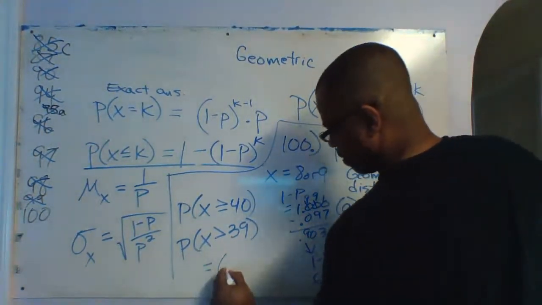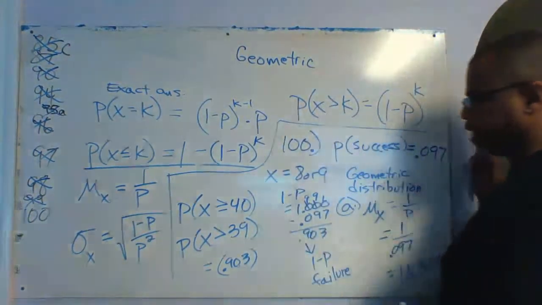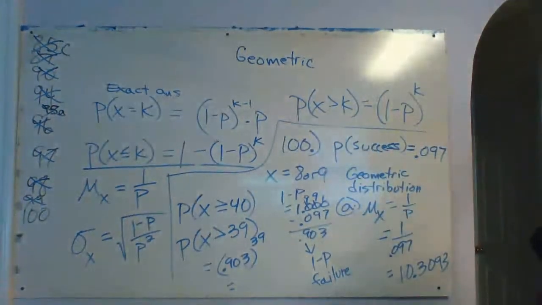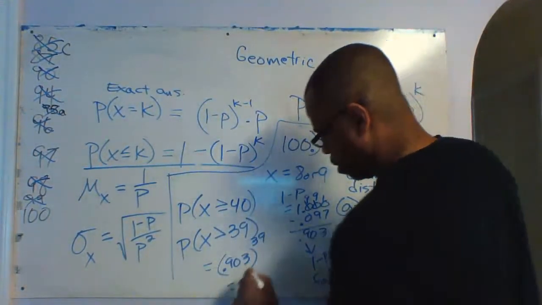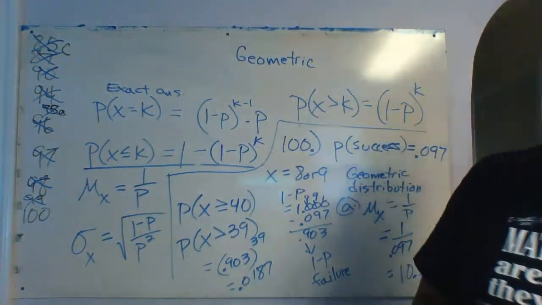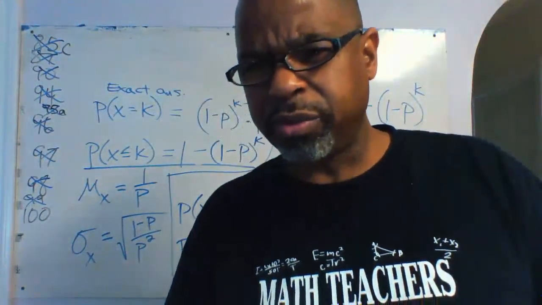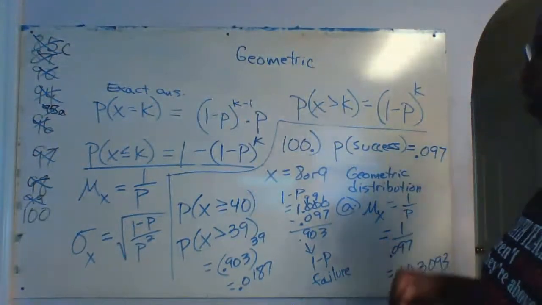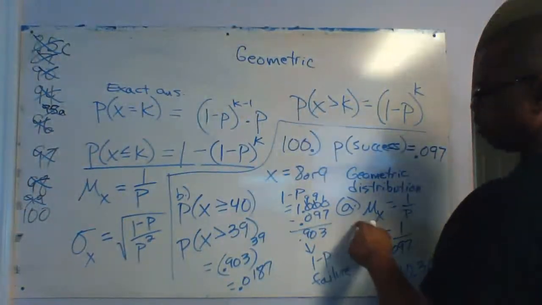So I'm going to do my failure, 0.903, raised to the 39th power. And that's going to give me 0.0187. And that's it. This is the B part of 100, and this is the A part of 100.